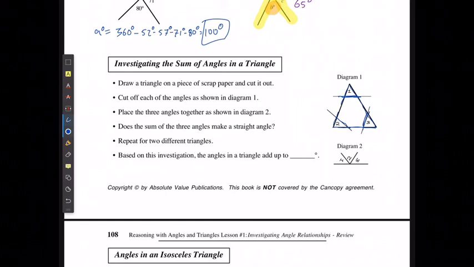And they just arranged all three of these smaller pieces side by side with the angles touching for all of them, and discovered that when I arrange them, it makes a straight line, which means that all of the angles inside of a triangle have to be supplementary or add up to 180 degrees, which most of us already knew.